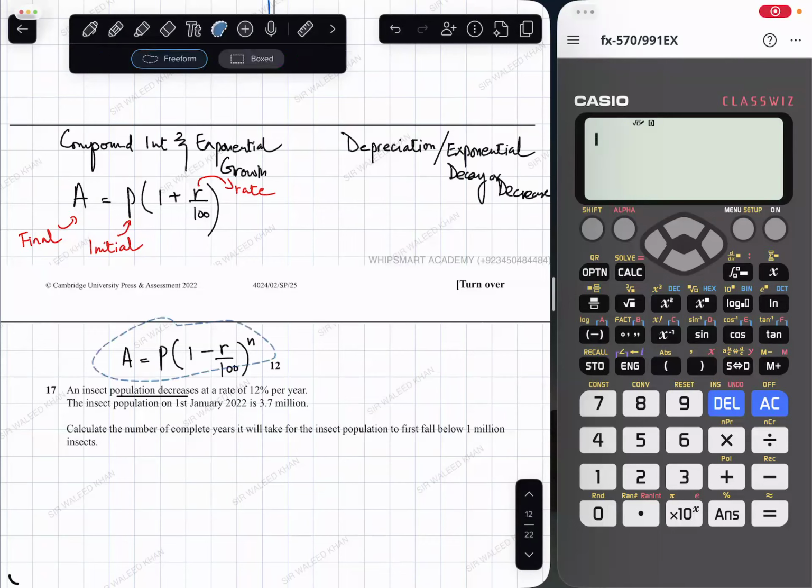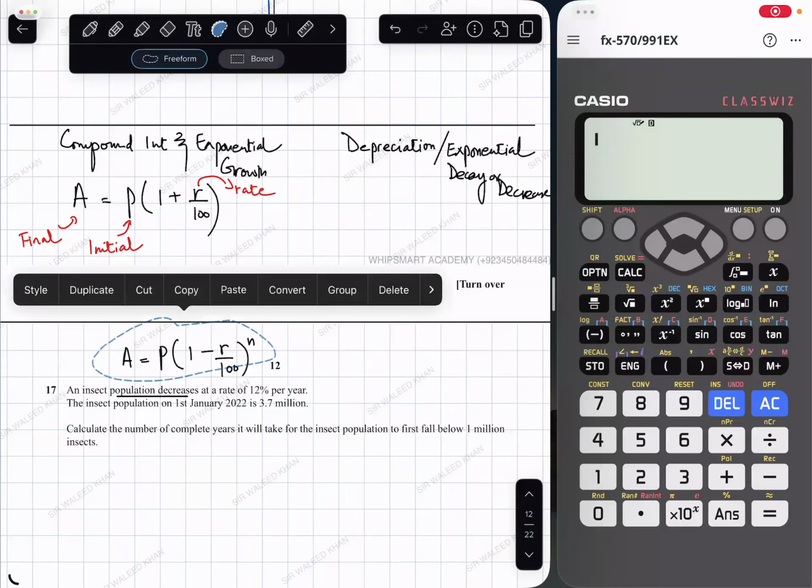The multiplier here will have a negative sign. So A is equal to P (1 minus R over 100) whole power n. Same formula with the negative sign.